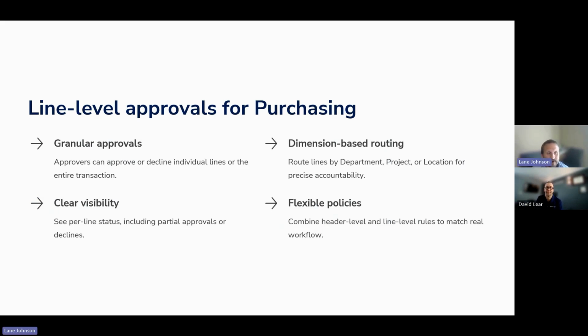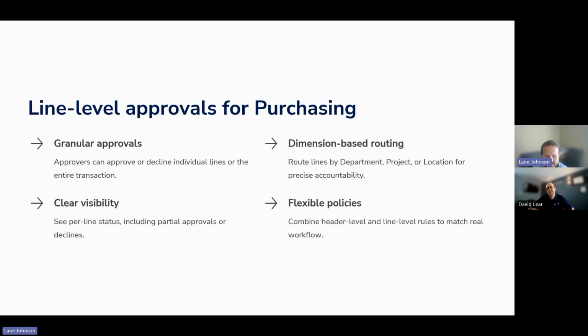All right, for our customers using purchasing, this is a really significant workflow improvement. Instead of approving a transaction at the header level, approvers can now act on individual lines. Those lines can be routed by dimensions like department, project, and location, and you can combine line level and header level rules now.